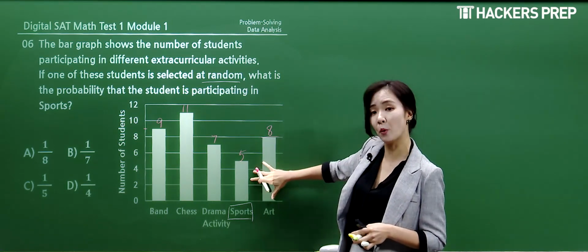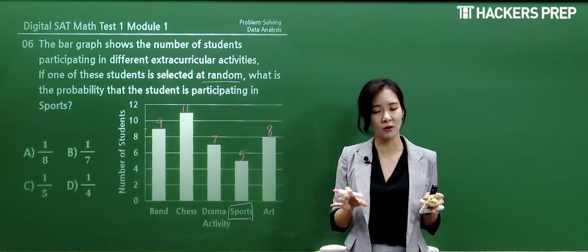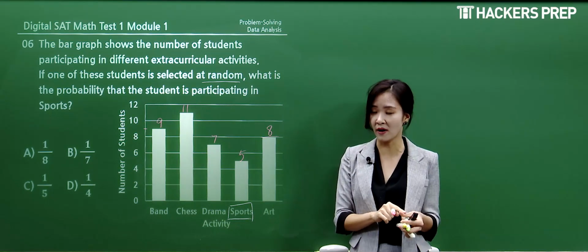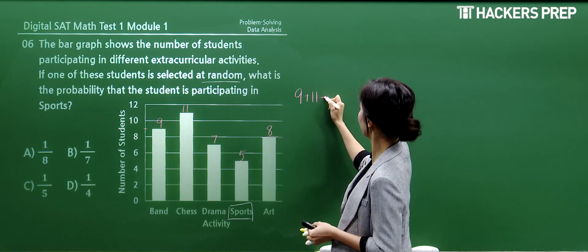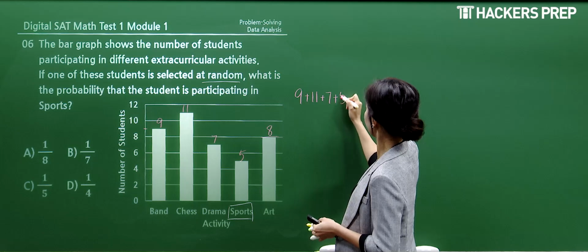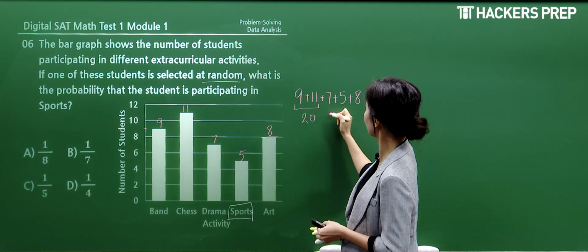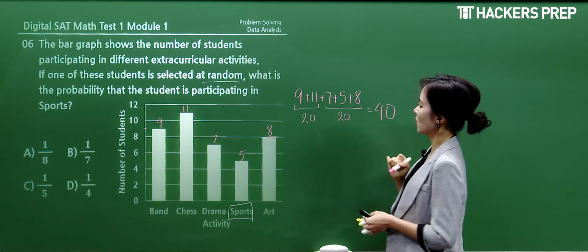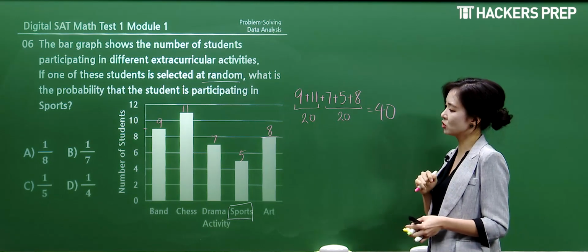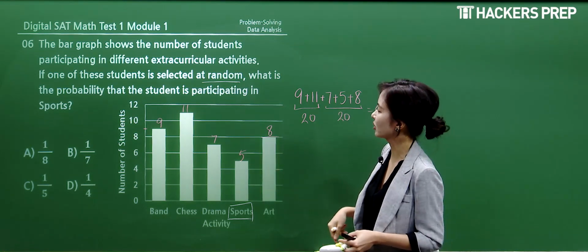Now, at that point, we have the individual values, but anytime that we need to solve for a probability, we also need to have the total value, right? So let's go ahead and add these up. Okay. So that means we have a total of 40 students participating in this survey of extracurricular activities.